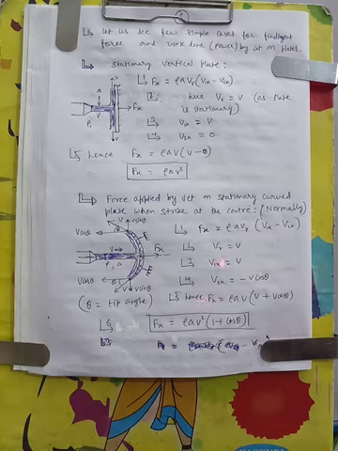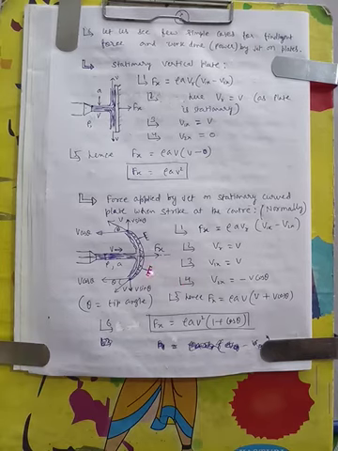So Fx will be rho A V into (V1x is V, and V2x is minus V cos theta, and one more minus), plus V cos theta. Finally we get Fx equal to rho A, taking it out common, rho A V square into (1 plus cos theta). In this way we can easily find the force applied by the jet on this curved plate.